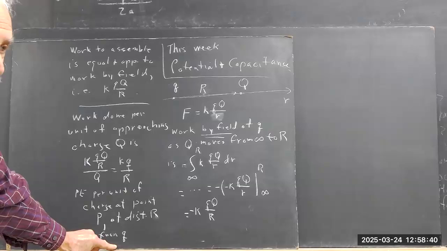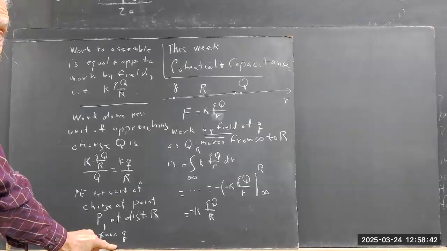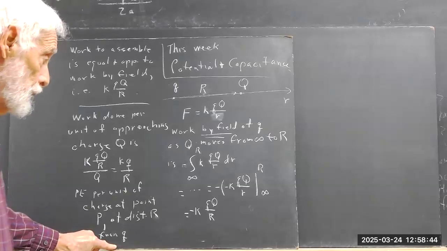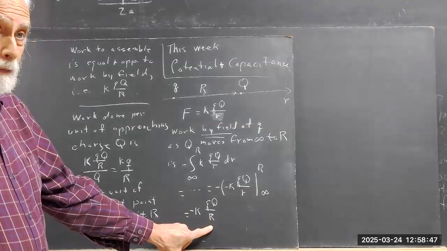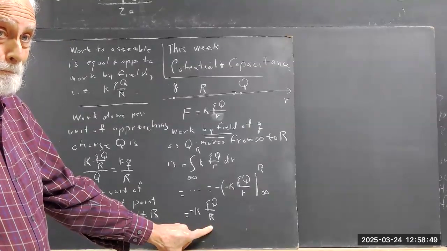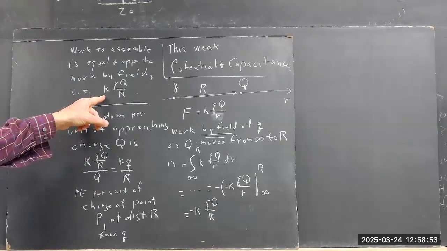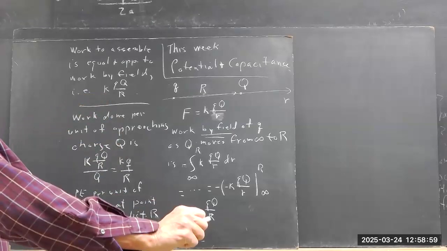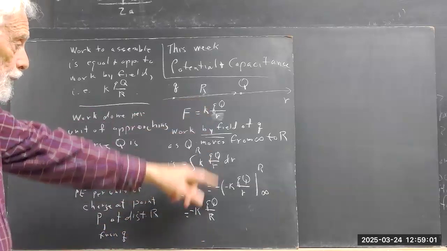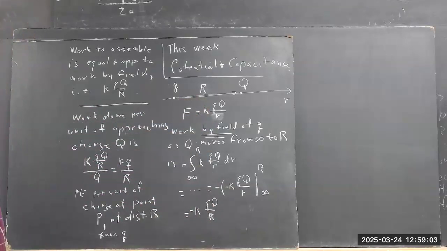Remember, potential energy is equal and opposite to the work done by the net force. So this is work done by the net force, right? And this is the potential energy. Potential energy is the work you have to do to push the thing in, which is opposite to the work done by the net force.